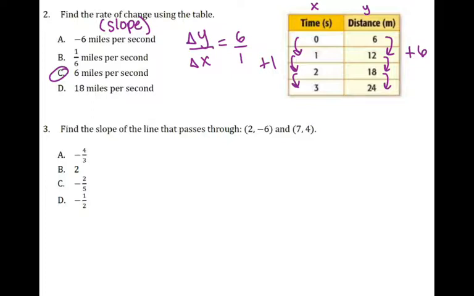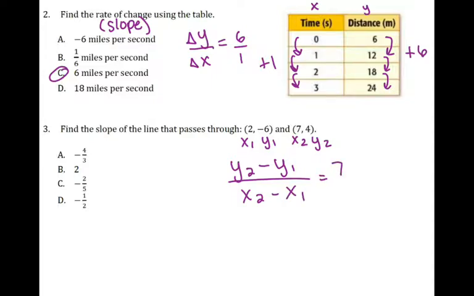Number 3, find the slope of the line that passes through these 2 points. I'm going to label it x1, y1, x2, y2, and plug it into the formula y2 minus y1 over x2 minus x1. So I have y2, which is 7, minus y1, which is negative 6, over x2 minus x1. I am subtracting a negative, so that becomes addition.